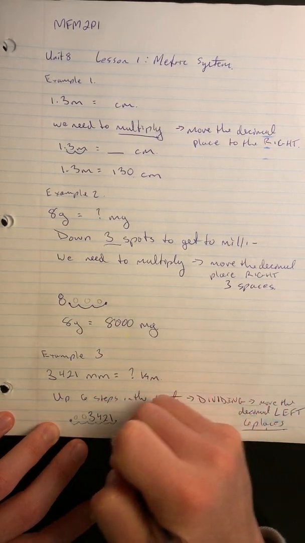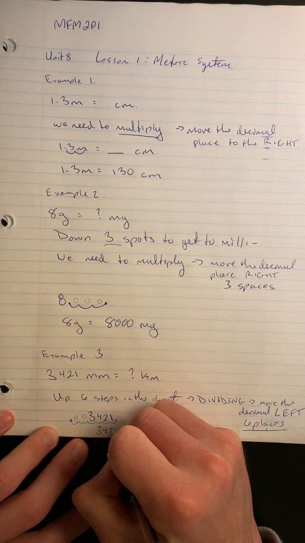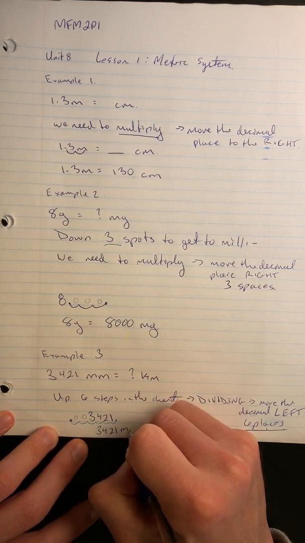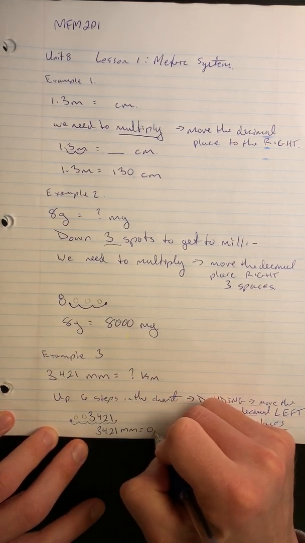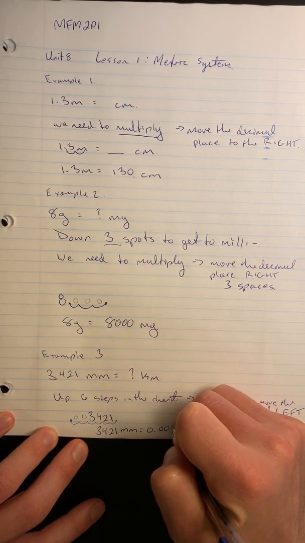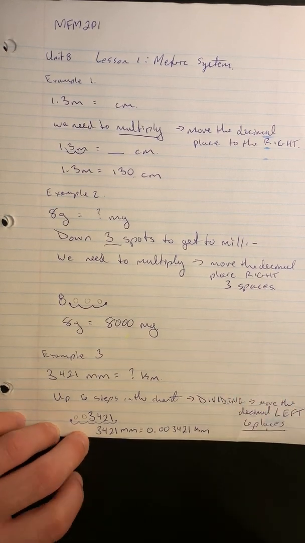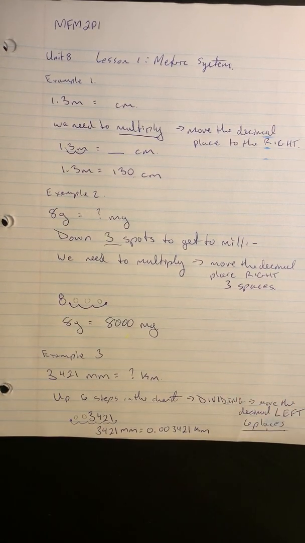So we'll say here at the bottom of the page, and hopefully you can still see it, 3,421 millimeters equals 0.003421 kilometers.